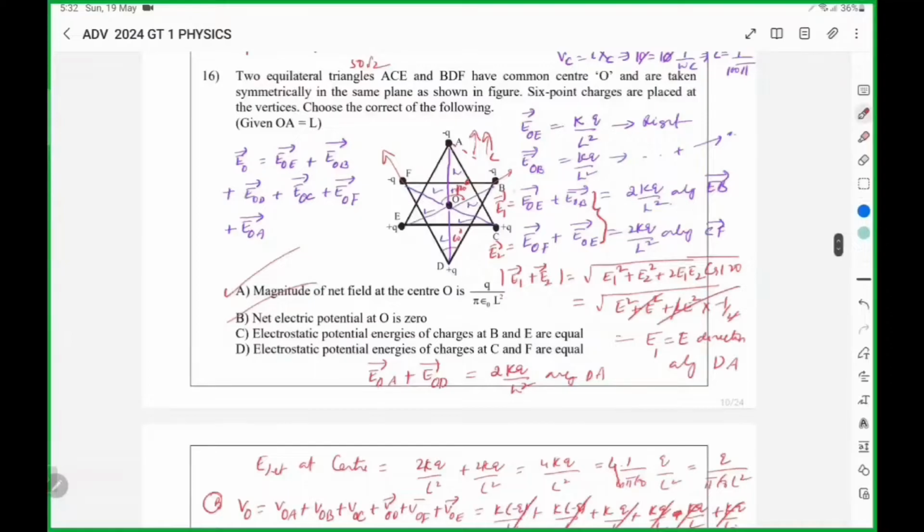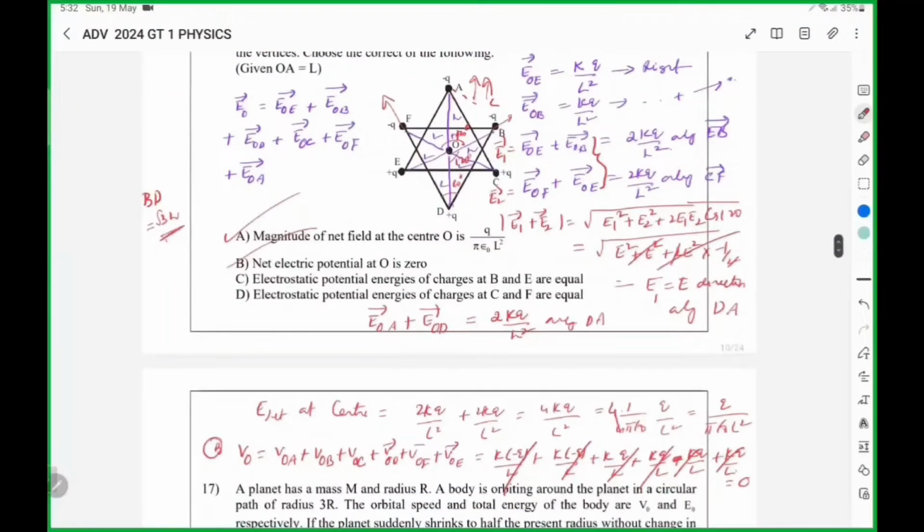Potential at B due to D, here minus plus Q to get BD. So BD is root 3 L, because it is L separated by 120 degrees. By using cosine rule, we can get DB, which is root 3L.